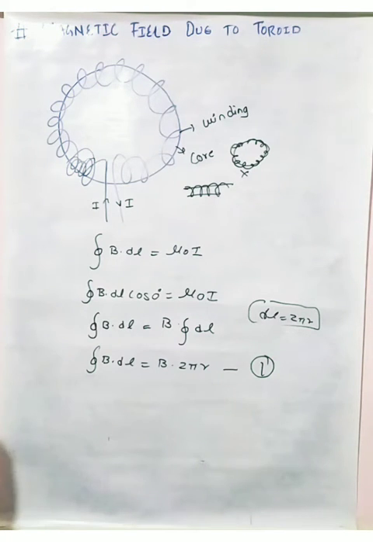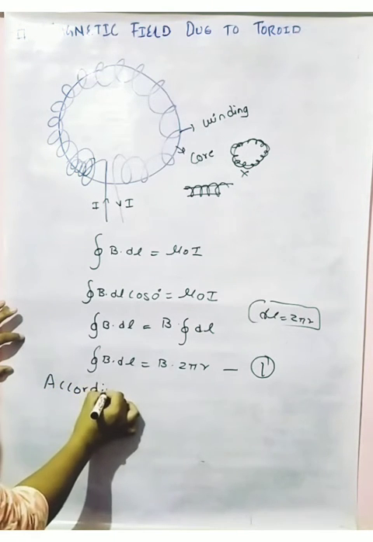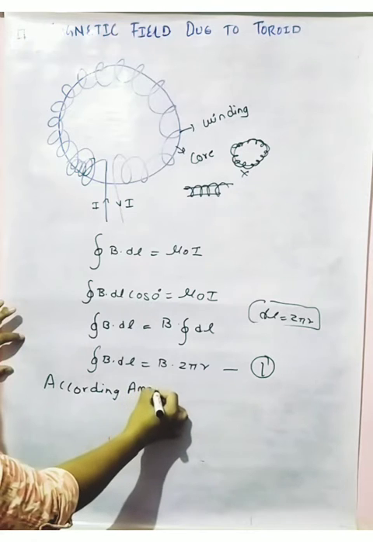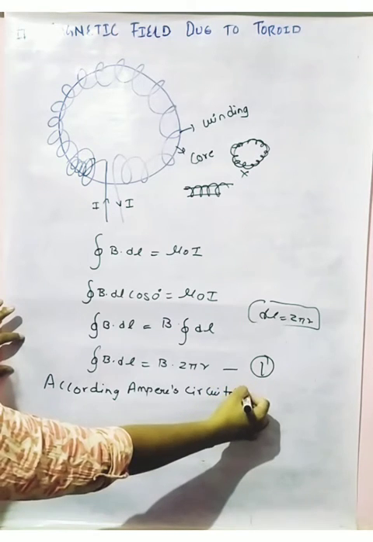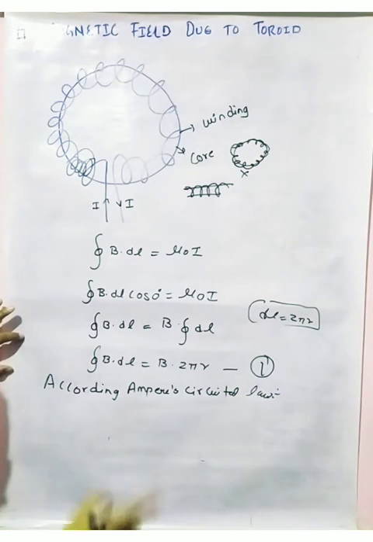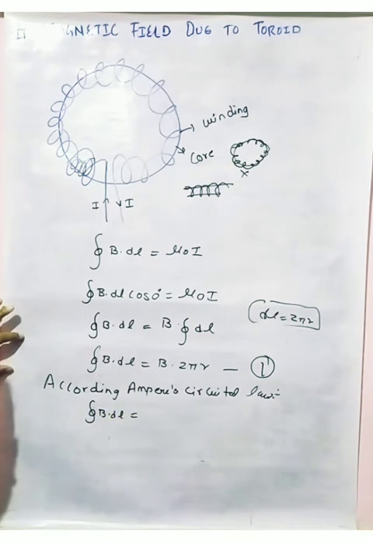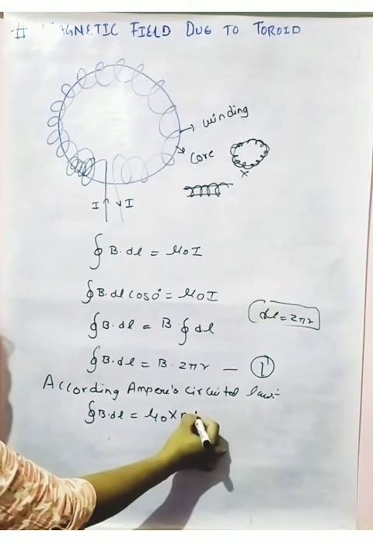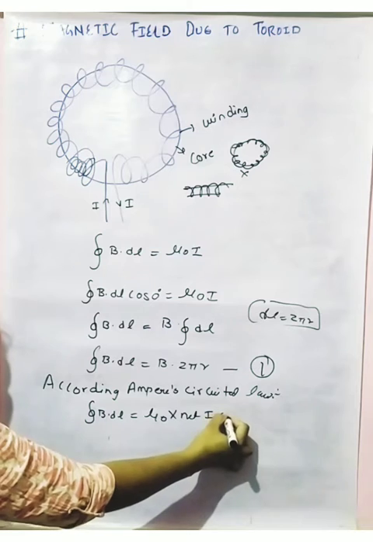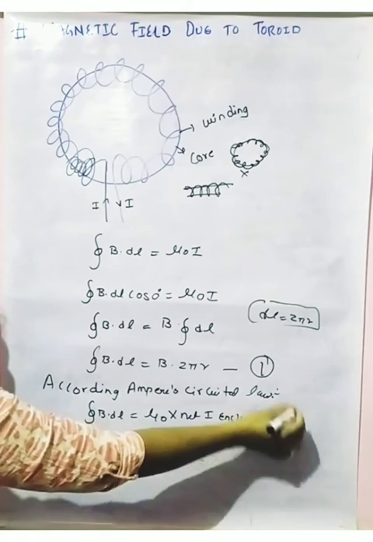Now if you remember Ampere's circuital law, it states that the closed integral of B dot dl is equal to mu naught into the net current enclosed by the toroid.